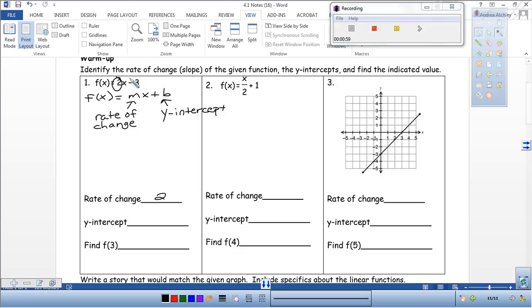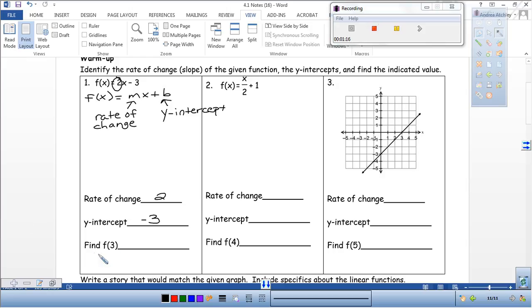Because if I plug in 0 for x, because that's the value of x on the y-axis, and 2 times 0 minus 3 is just the b value, which is negative 3. Any questions over that?